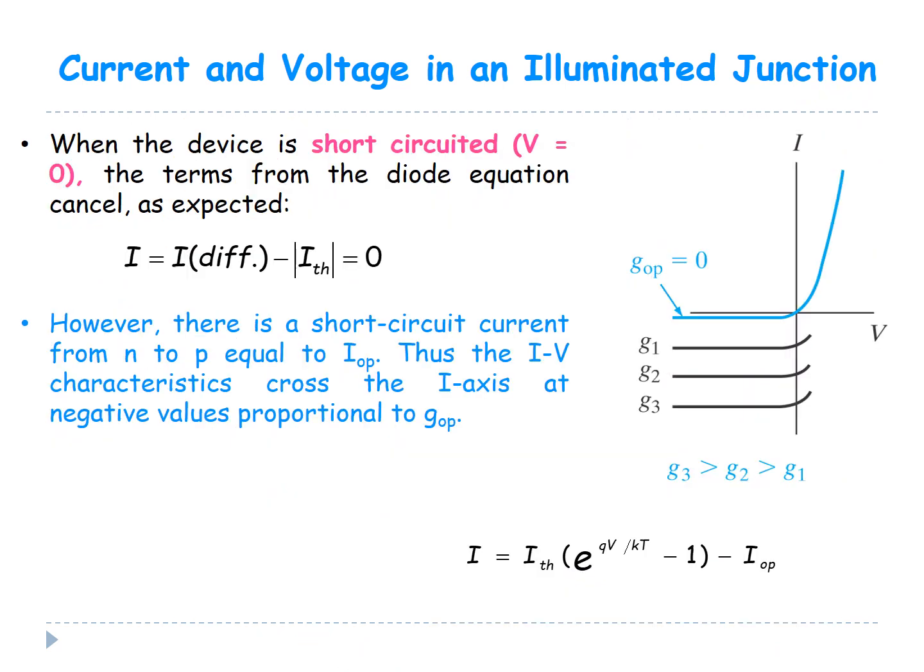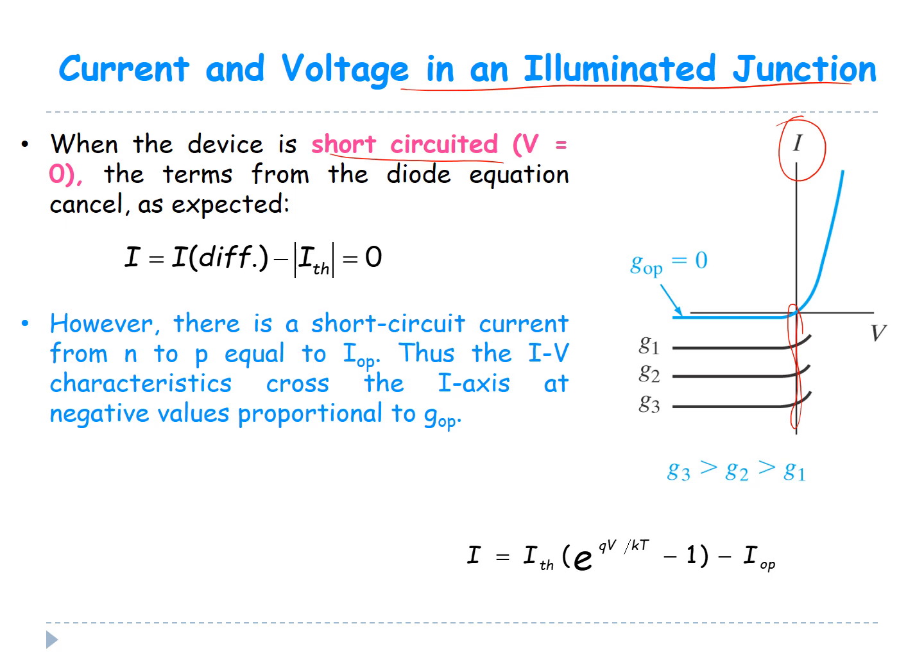Now in your illuminated junction, if you short circuit the junction, you get what we call the short circuit current. It is the point at which your IV characteristics cross the y-axis, or the current axis. So we're talking about this point there.